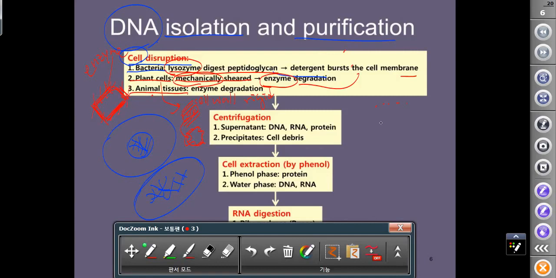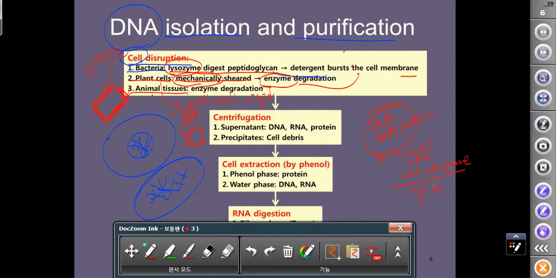So now you have a cellular liquid that contains DNA, RNA, and protein, and some fragments of cell wall and cell membrane, which is mostly lipids.